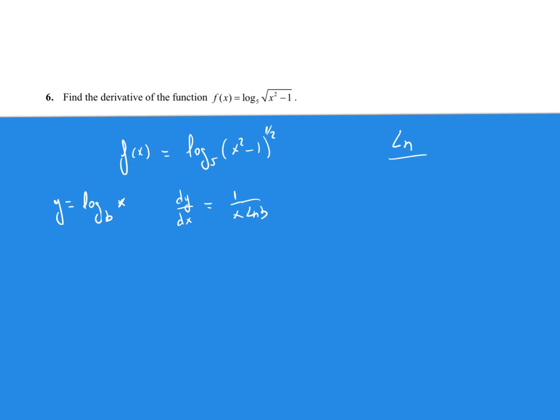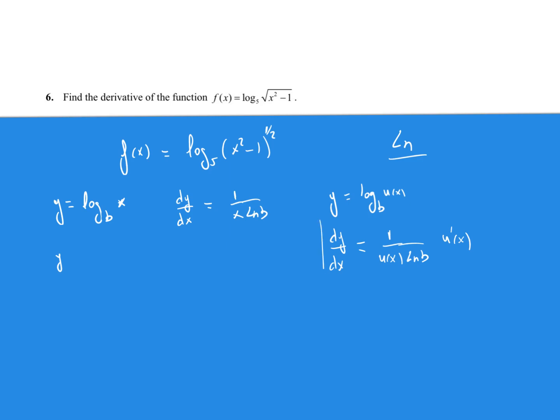So if I have y equal log base b of a function u of x, the derivative of y with respect to x is 1 divided by the function times the natural log of b, multiplied by the derivative of the function.